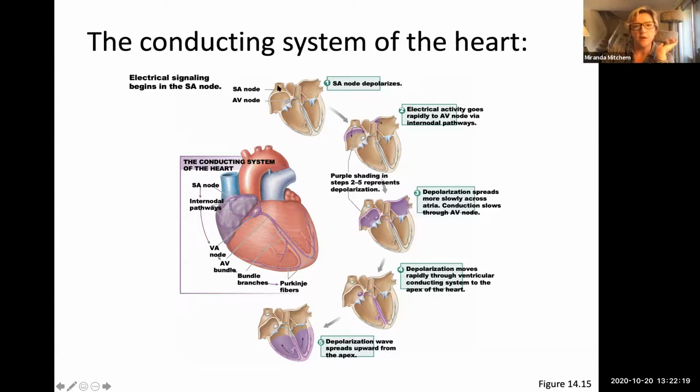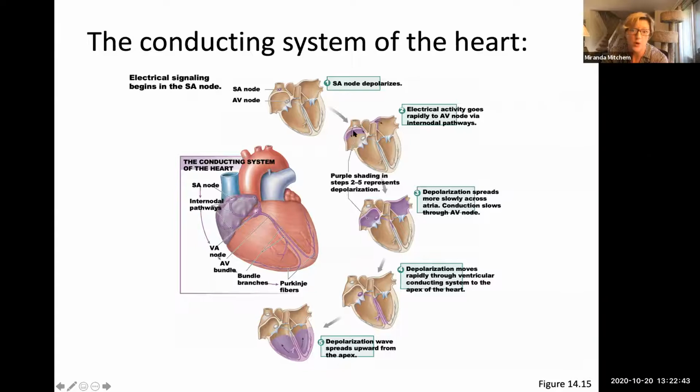So our SA node fires, it depolarizes. Quickly, that electrical activity goes through the internodal pathways to the AV node. So right now our atria would be active because the signal has not yet gotten into the ventricles. So this purple shading is the depolarization.